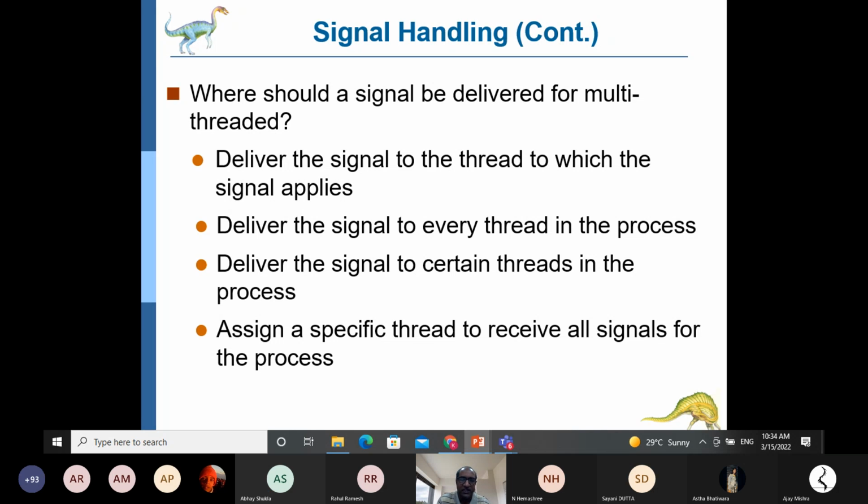Likewise, if the first thread accepts that signal, then we stop and deliver the signal to the thread, and it's up to the thread to manage whether it can handle it on its own or it takes the help of a system call or the operating system to handle that signal, right? So in the case of a multi-threaded process, there are different possibilities, and with that, the signals will be handled.